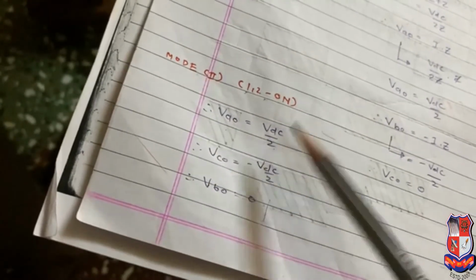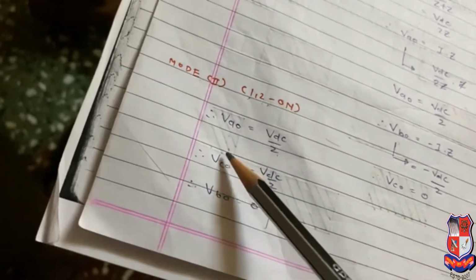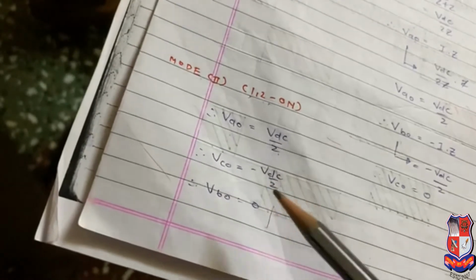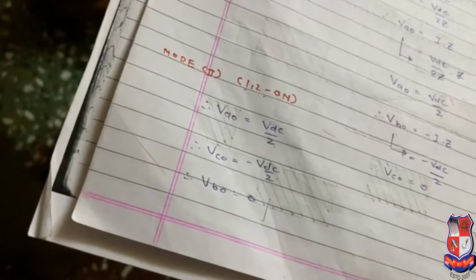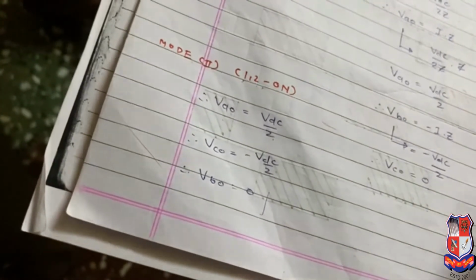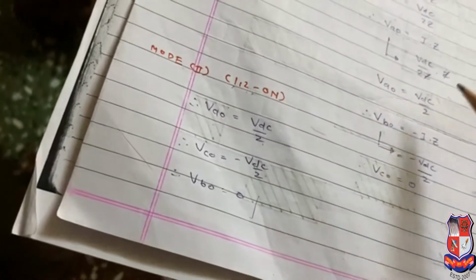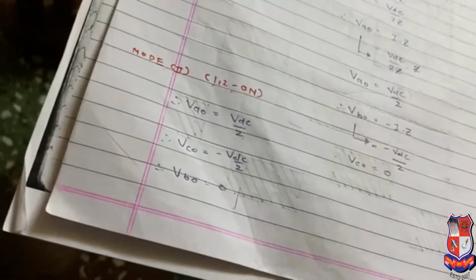Same for mode 2: for positive switch 1 and negative switch 2, VA0 is equal to VDC by 2, VC0 is minus VDC by 2, and VB0 equals 0. We can directly write this voltage after calculating mode 1.